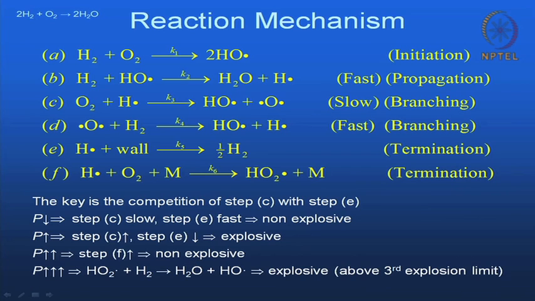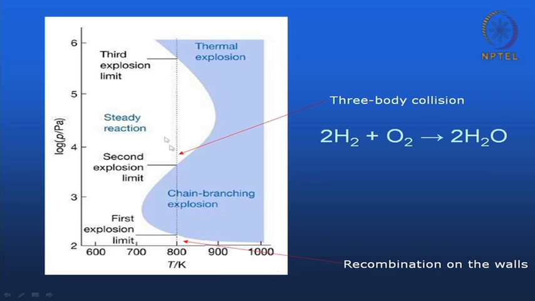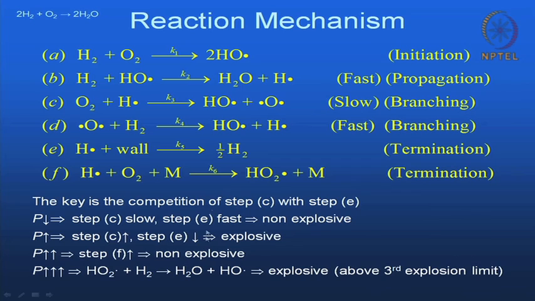When P is very high, go back to this slide, very high, above third explosion limit, where HO2 dot, whatever HO2 dot is produced in this termination step, is predominating in the high pressure region. This will again react with H2 producing H2O and OH dot.